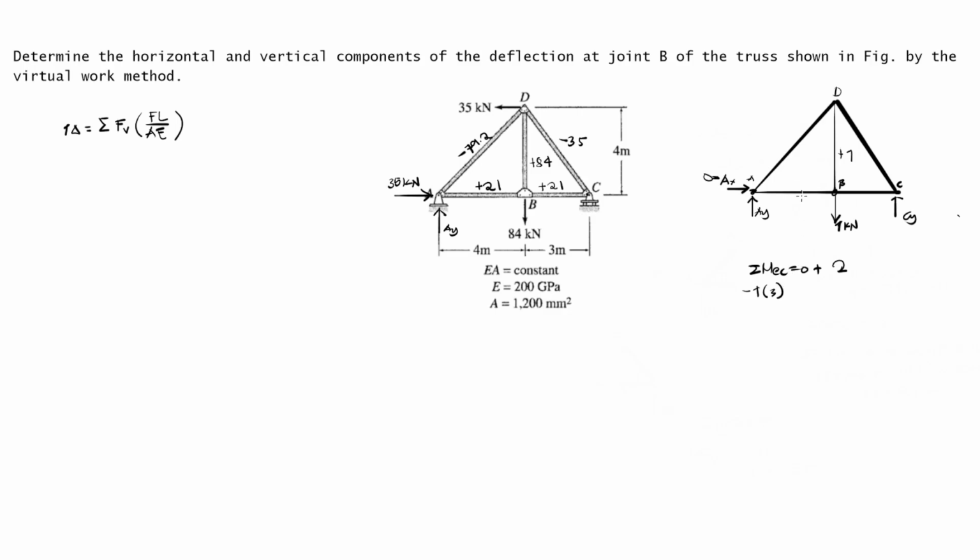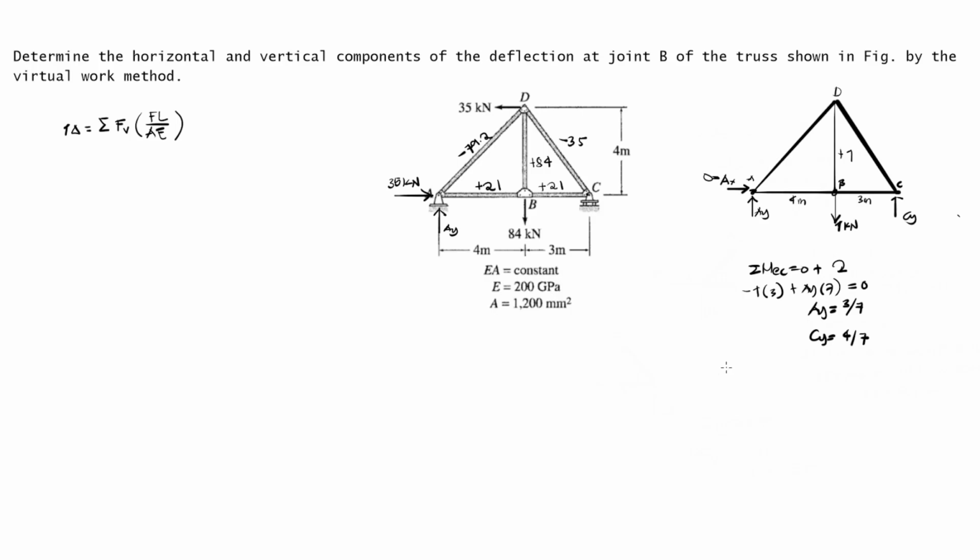Okay, so 4 meters to 3 meter. So 1 times 3, negative yan. And then positive AY times 7 is equal to 0. So ang AY natin dito is equal to 3 all over 7. And then yung CY natin ngayon is 1 minus 3 all over 7. That is 4 all over 7.